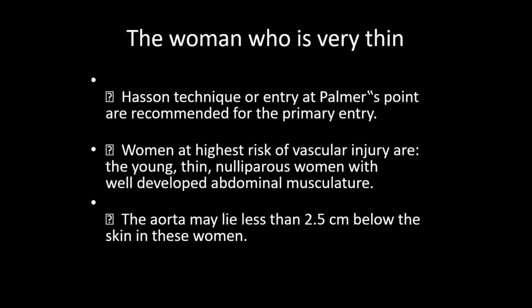Okay, I can't ever believe that 2.5 centimeters below is a possible distance between the skin and aorta, but the guideline says this number actually. So you should remember this number as well, although it's an unbelievable number.